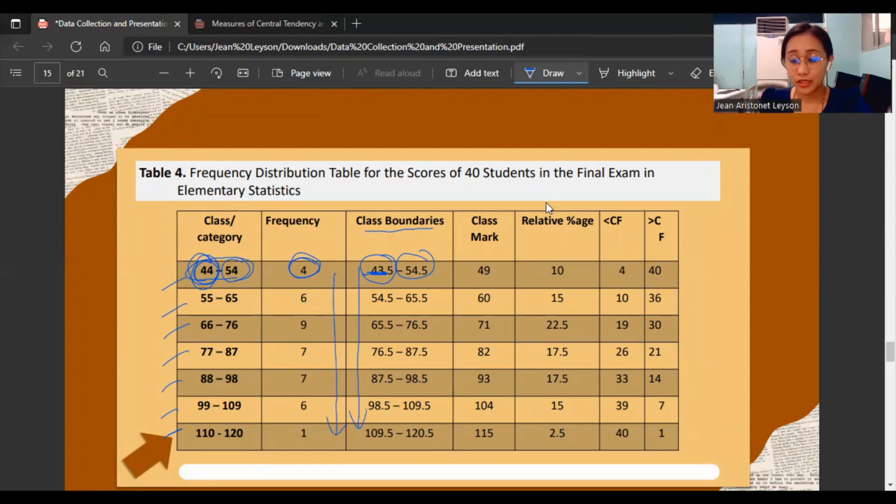Next, the class mark is simply the average of the lower limit and the upper limit. So let's have the second row. That's 55 plus 65, that is 120, divided by 2, that is 60. You will do the same for the remaining rows: simply add the lower limit and the upper limit, then divide by 2.